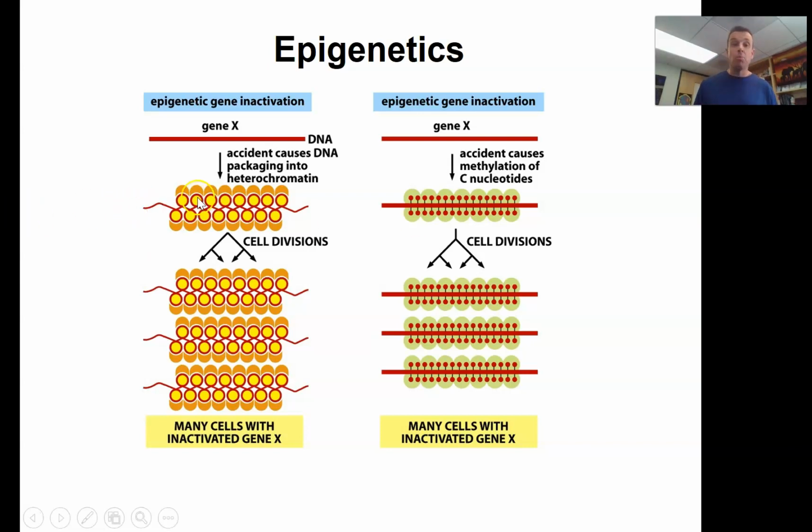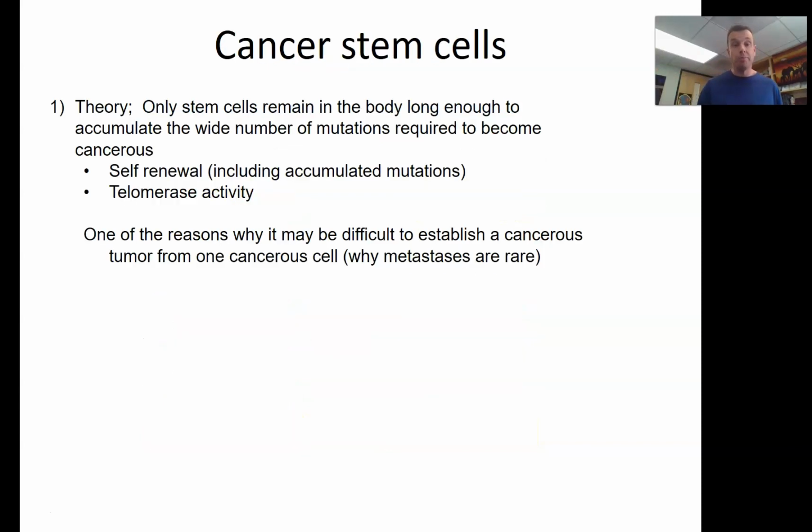So we can do this at the protein histone level and at the DNA methylation level. But either way, if the epigenetics is messed up such that a gene, a la tumor suppressor gene, is hidden away and off when it should be on, or a proto-oncogene is not hidden away and therefore is being expressed when it shouldn't be, it can lead to cancer just as much as if there was a genetic change in the sequence. That's how epigenetics plays a role. Okay.